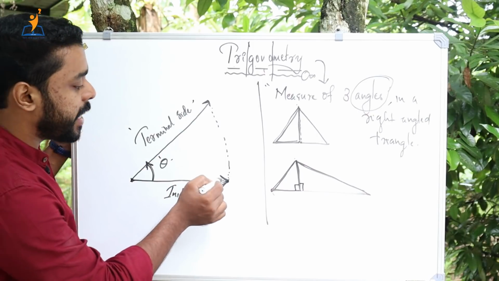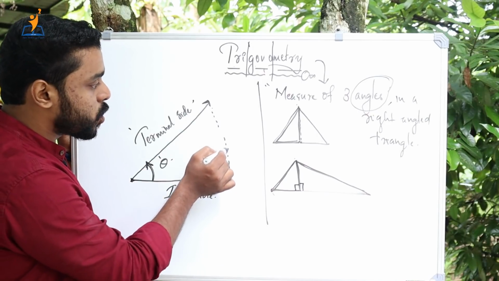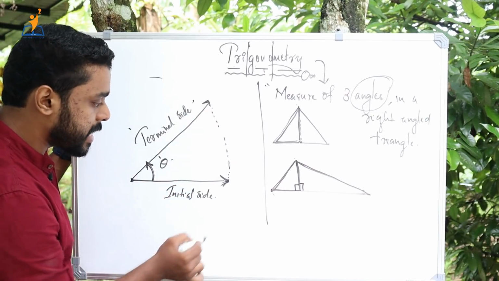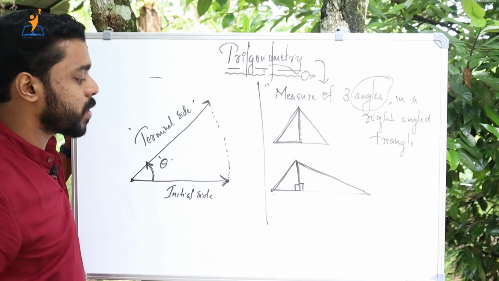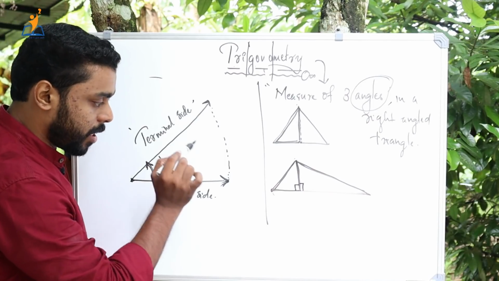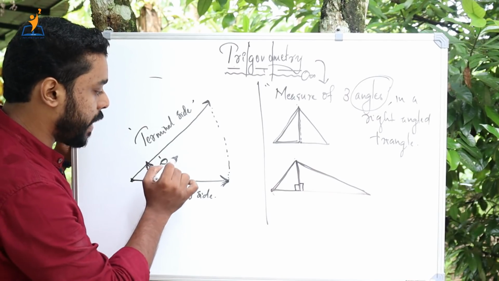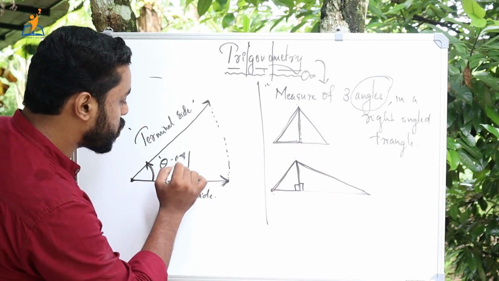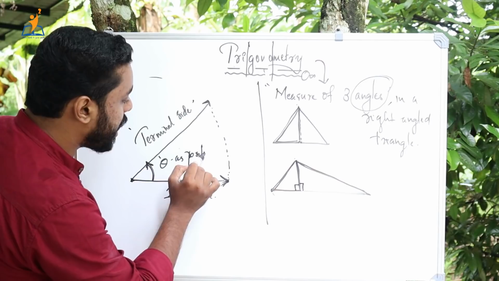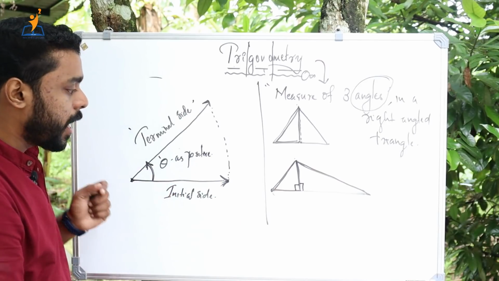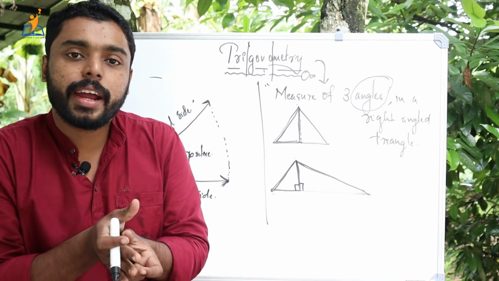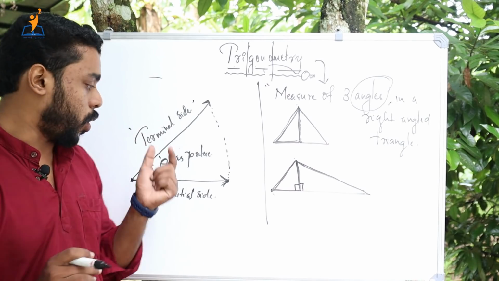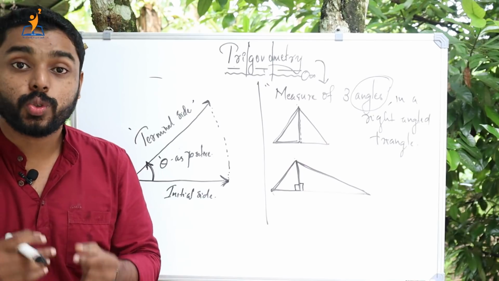Now observe that here the rotation is of anti-clockwise movement. You know that clockwise movement goes like this and anti-clockwise movement goes like this. So here the rotation is anti-clockwise. In that case we take theta as positive. So the angle will be positive if the rotation from the initial side of the ray to the terminal side of the ray is anti-clockwise.